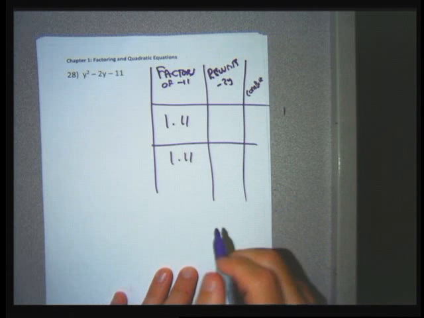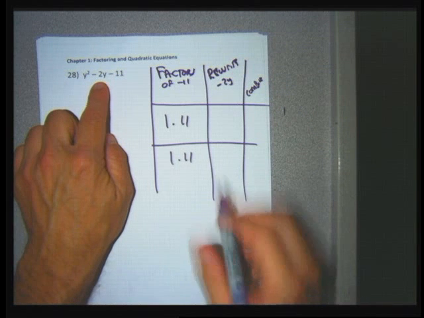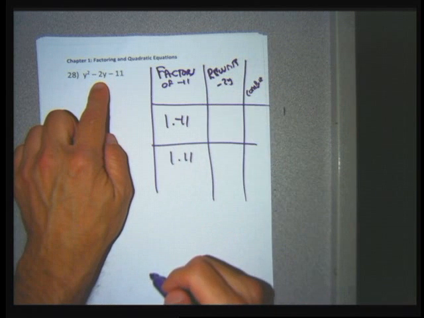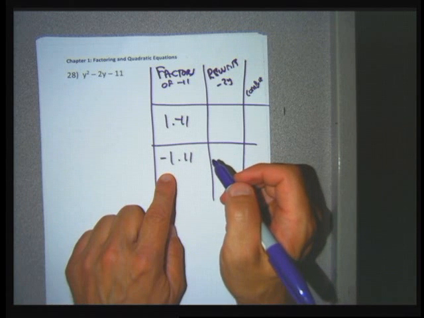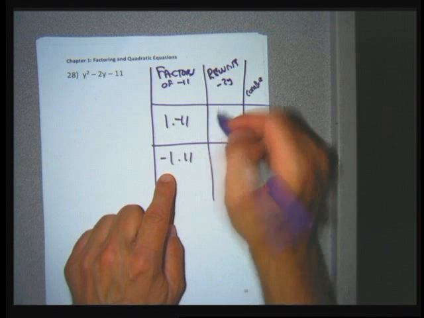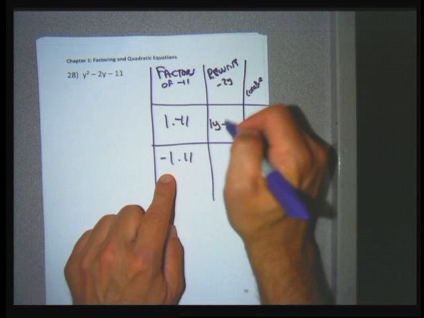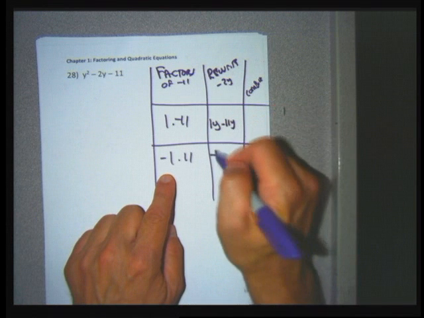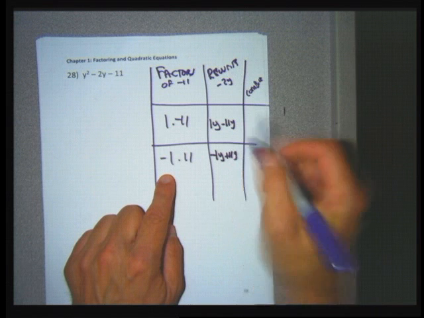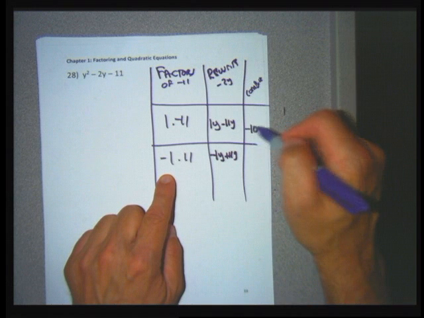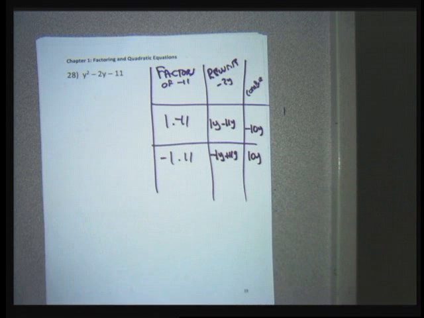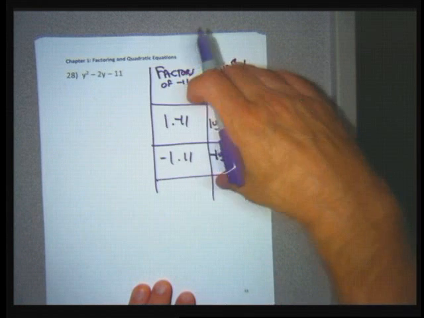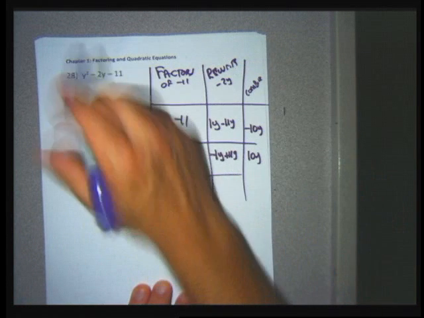In this case, because I need to get a negative, the negative would have to go with the bigger number. This bottom choice is going to give me a positive something. It can't possibly work. So I can rewrite this as 1y minus 11y, or negative 1y plus 11y. The top one combines to be a minus 10y. The bottom one combines to be a minus 10y, neither of which give me a minus 2y. When I can't get something from this table to give me the number in the middle, we say it's prime.